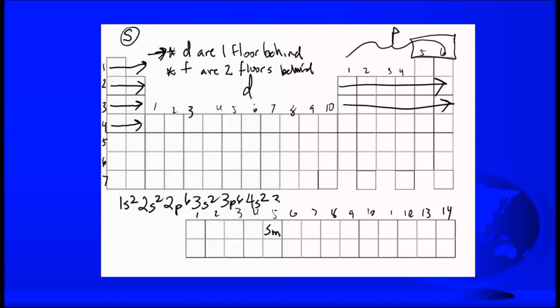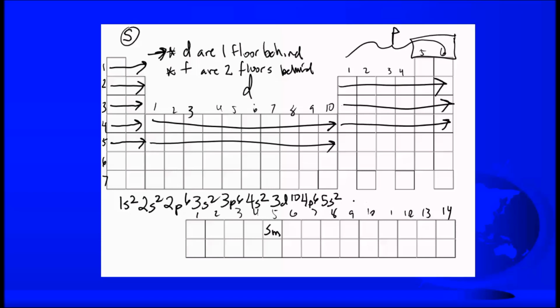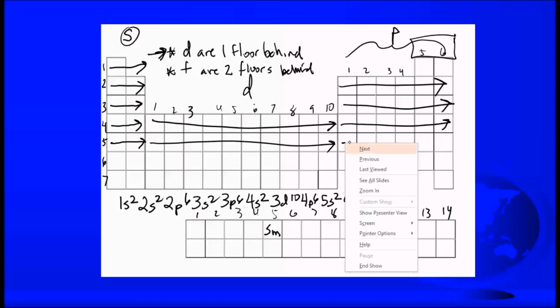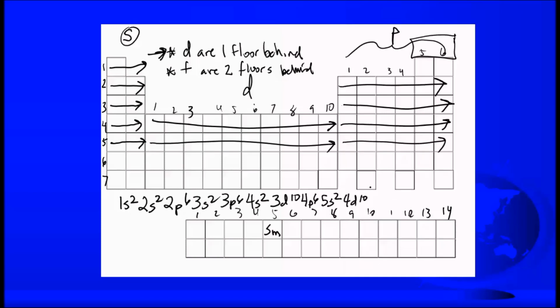So 3d10. Out of danger. 4p6. Danger, danger, danger. 5s2. 4. Out of danger. 5. Danger, danger, danger. 6.